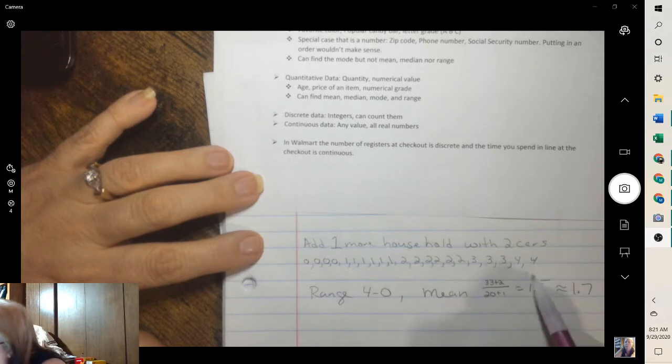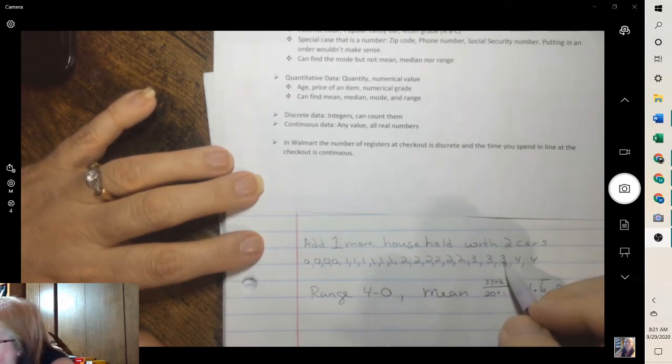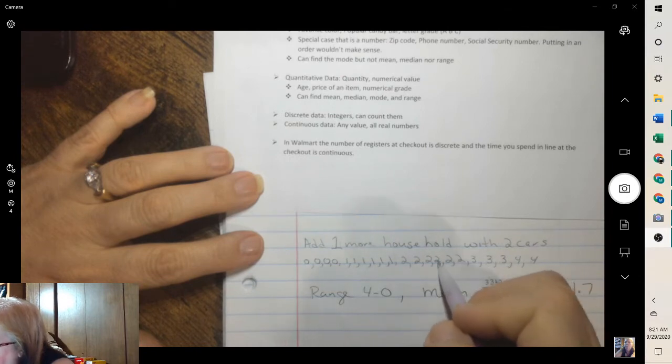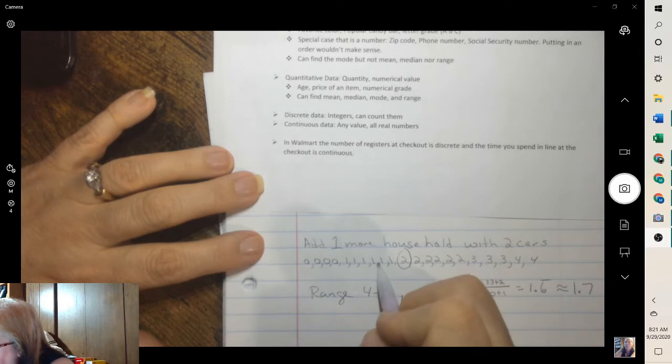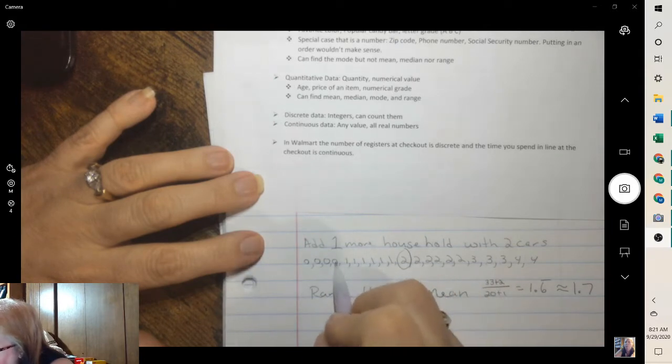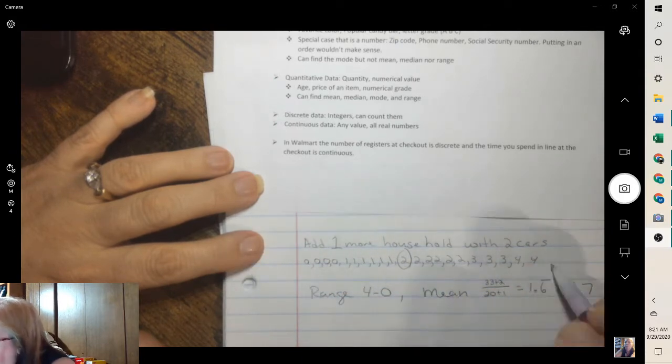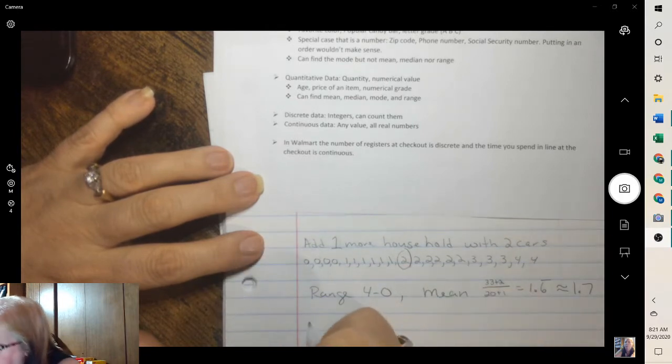The median is the middle number. Well, now we have 21 pieces of data. We have 10 pieces of data on both sides, so this is our median.